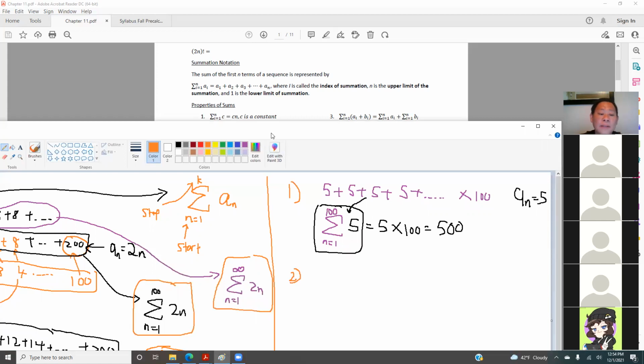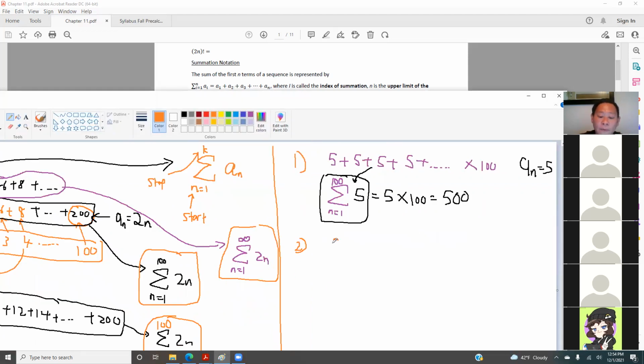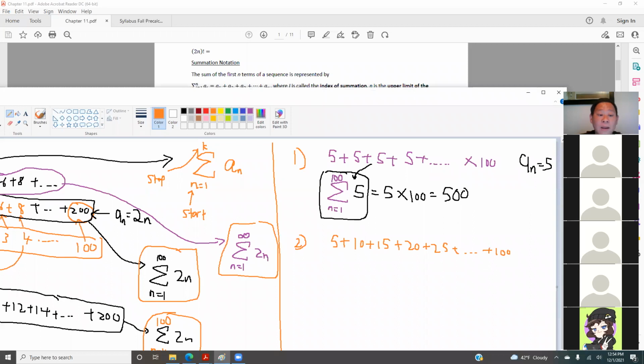The second property of summation says that if your term is being multiplied by a constant, let's say I have 5 plus 10 plus 15 plus 20 plus 25 plus all the way to 100. Okay, so what we can figure out, if you look carefully, is if you factor out 5, you get 1 plus 2 plus 3 plus 4 all the way till 20, right?